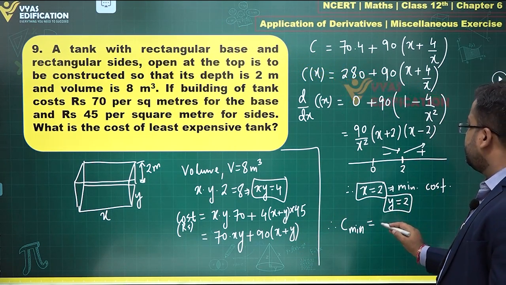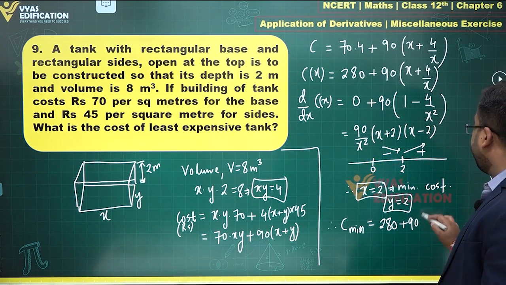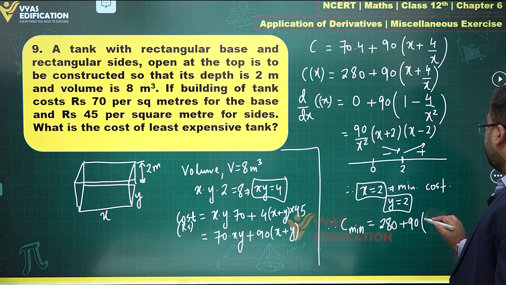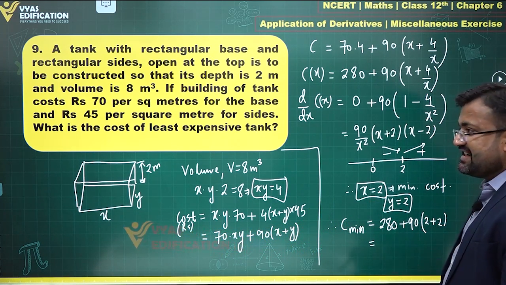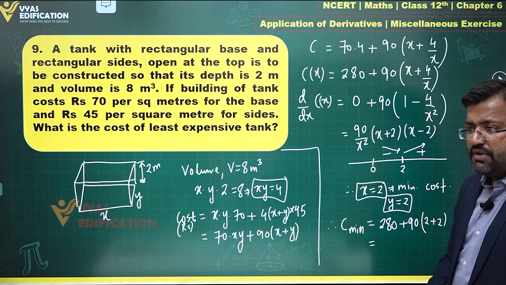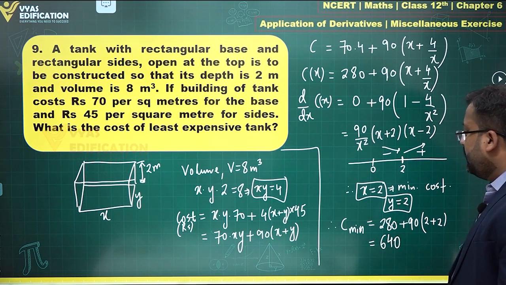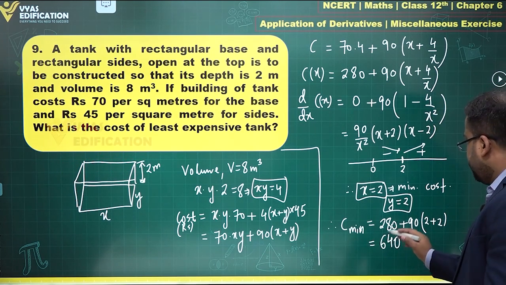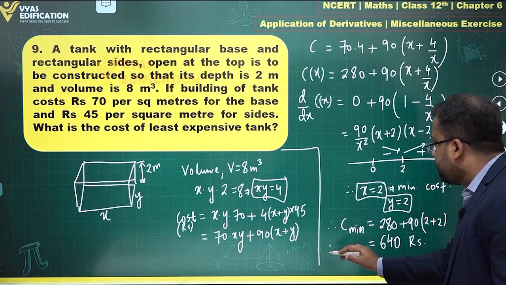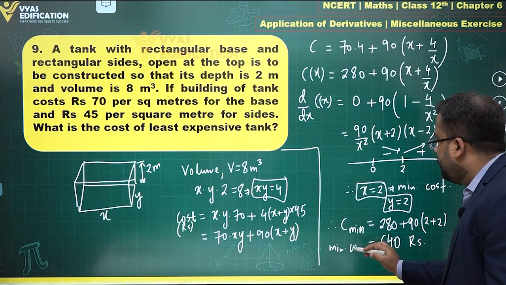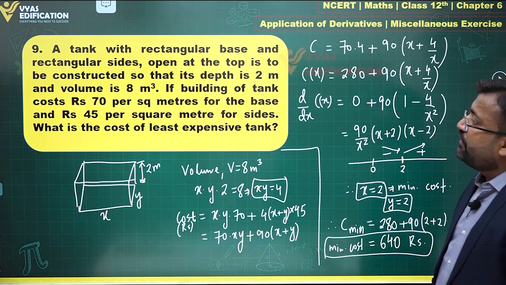This is 280 plus 90 times 2 plus 4 by 2, which is 2 plus 2 is 4. 4 times 90 is 360. 360 plus 280 will be 640 rupees. This is the minimum cost for the construction of all of this.